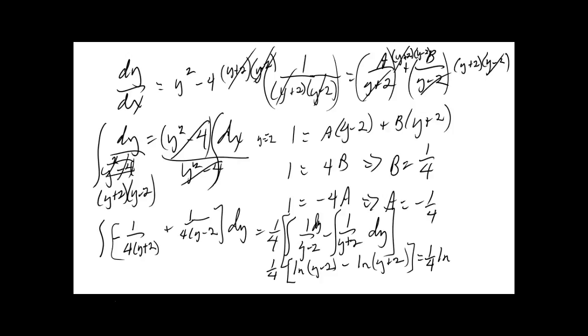And by the way, when we do logs, we really need to put absolute value signs around them, because you can't take the log of a negative number. So this will be 1/4 times the natural log of y minus 2 over y plus 2. Now you could take it one more step and call that all raised to the 1/4 power.